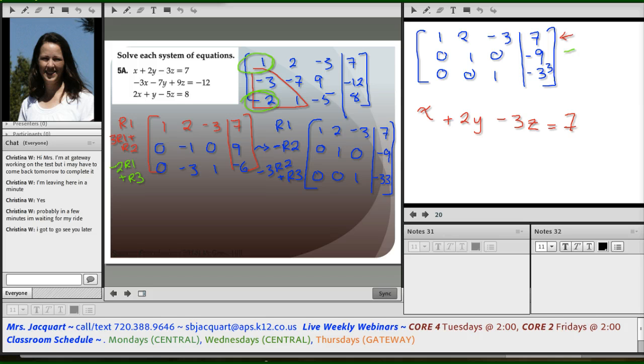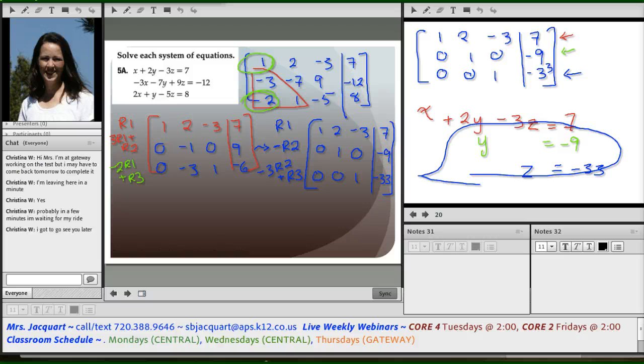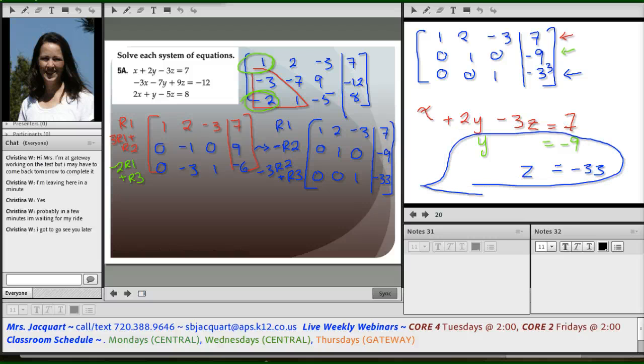Then for this row, I have y equals -9. And then for this row, I have z equals -33. Okay, so I already know two parts of my answers. I don't know x, but I know y is -9, and I know z is -33. So let's go find x.